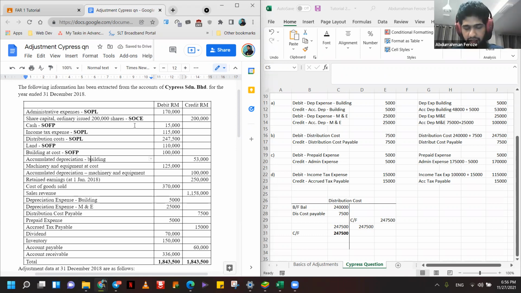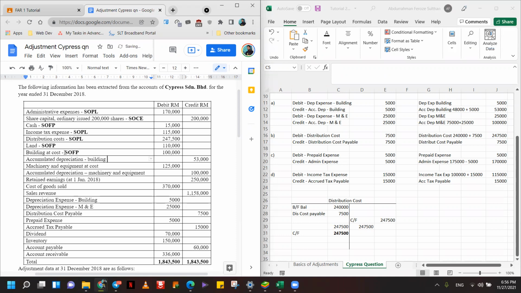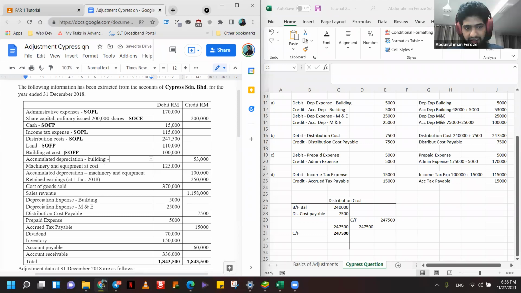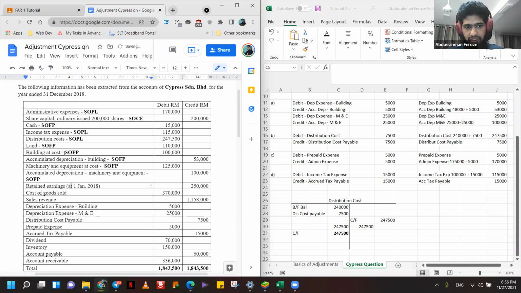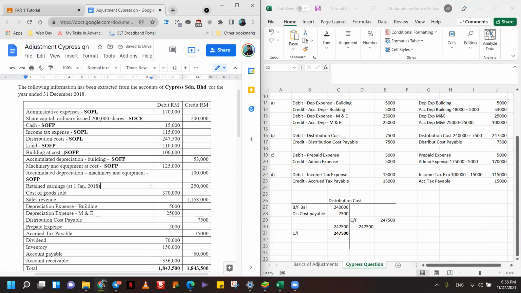And accumulated depreciation also SOFP. We just copy, it'll be easy to copy this. SOFP. SOFP. SOFP. What about this? Where does retained earnings go?